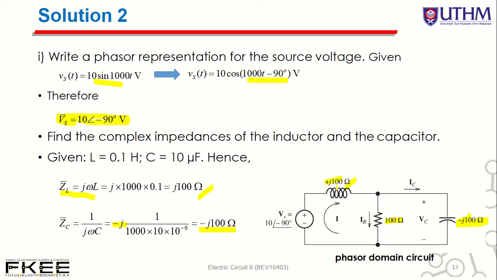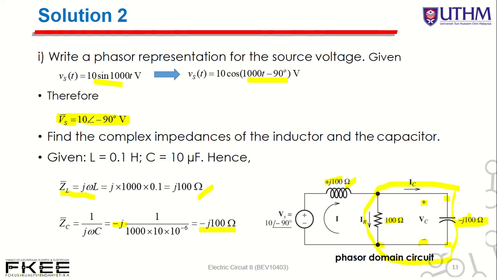ZC, ZL, and R. So next, you can apply the voltage divider rule to determine VC. How do we determine VC? VC, the voltage across the capacitor, equals the voltage across R, because they are across the same node.